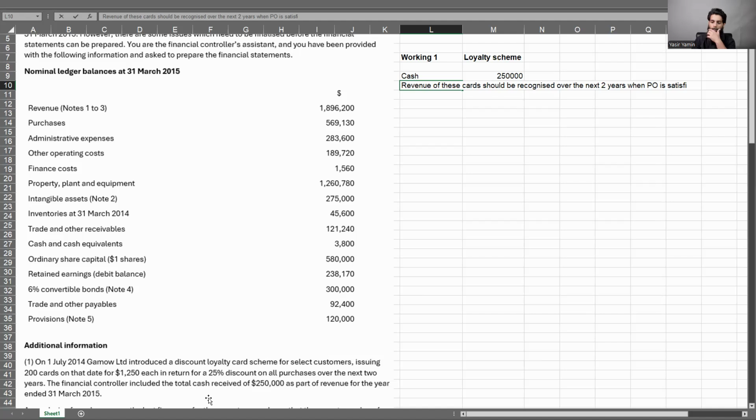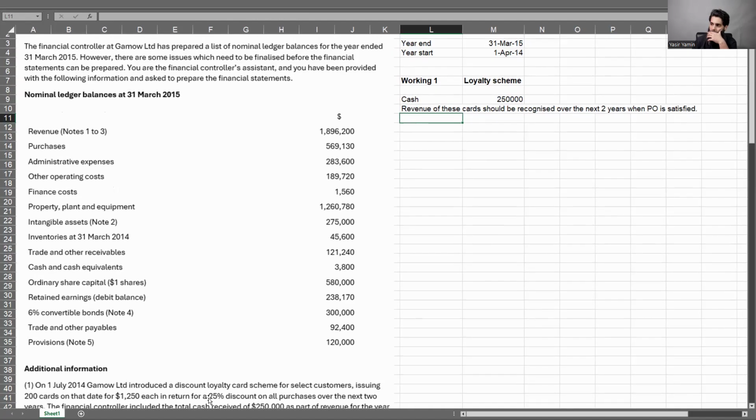Do you all agree? Is this clear to you? Revenue should be recognized over a period of 2 years, right?